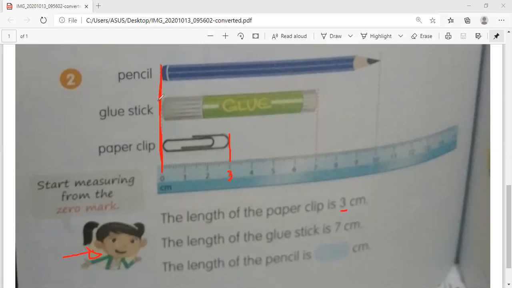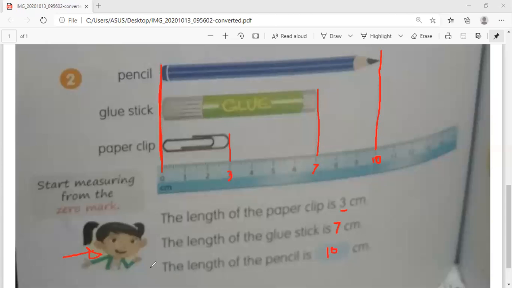And how about the glue? The end side of the glue is at the 7. So that's why the length of the glue stick is 7 cm. And then the last is the pencil. Okay, so the end of this pencil is here. So we can see it is 10. Yeah, so the length of the pencil is 10 centimeters.